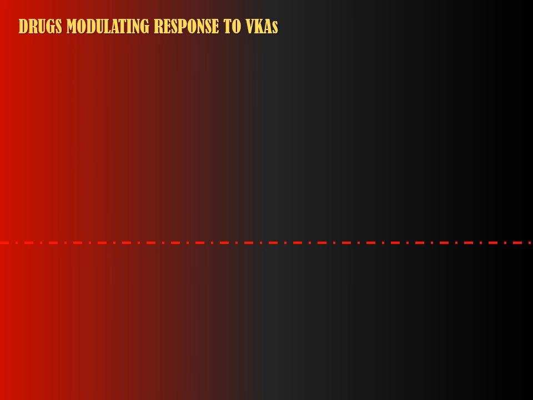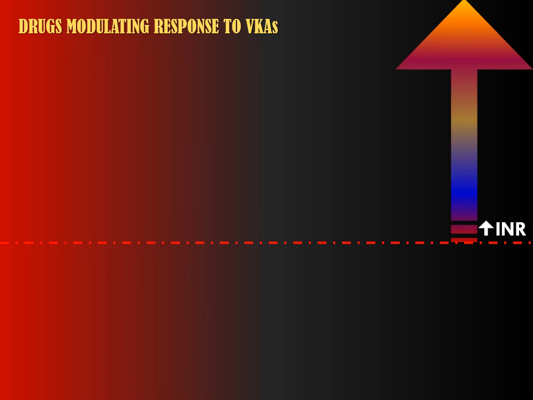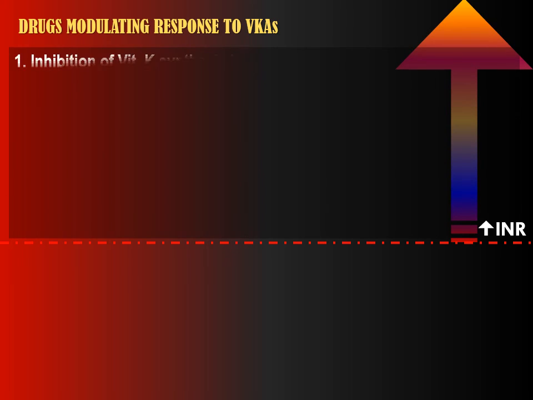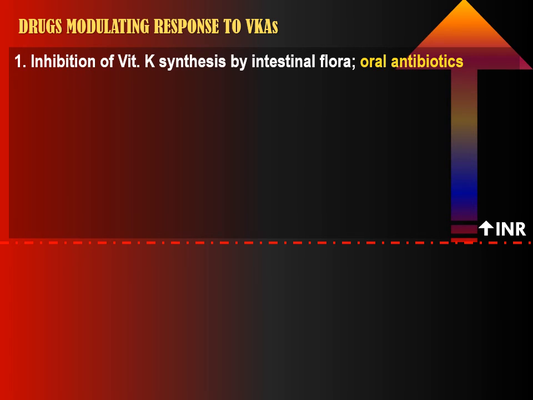The drugs modulating the response to warfarin can either increase its effect, so the INR will be prolonged, such as intestinal flora inhibition by oral antibiotics. Intestinal flora produce vitamin K, so inhibiting them will promote the anticoagulation and can cause bleeding.